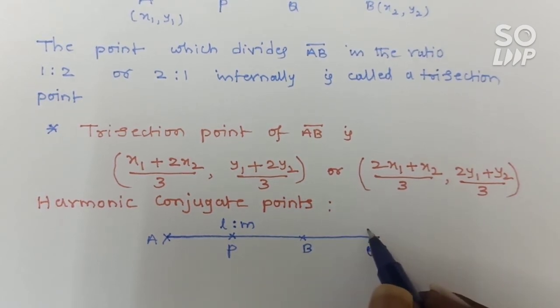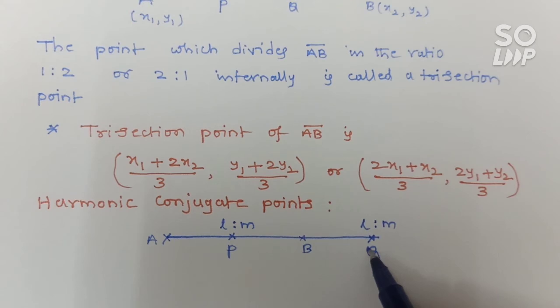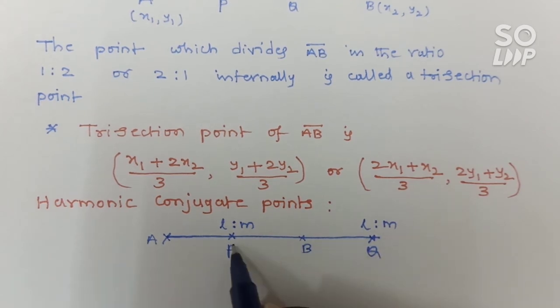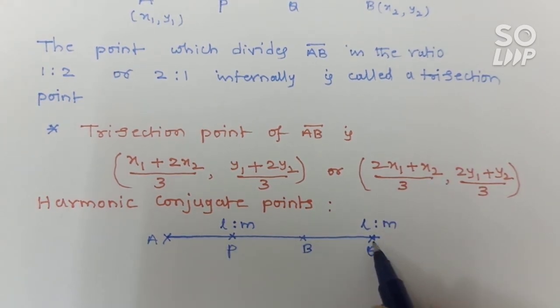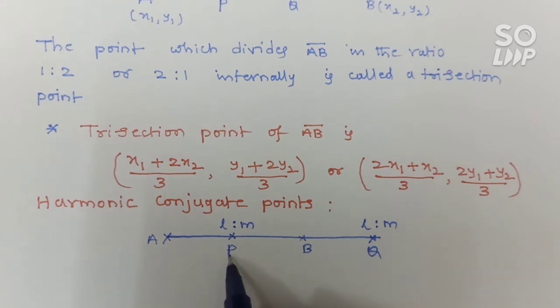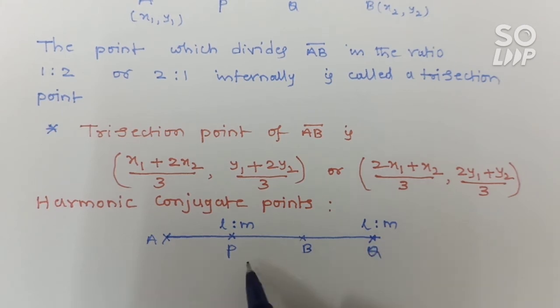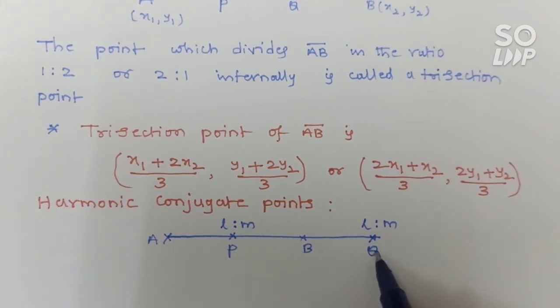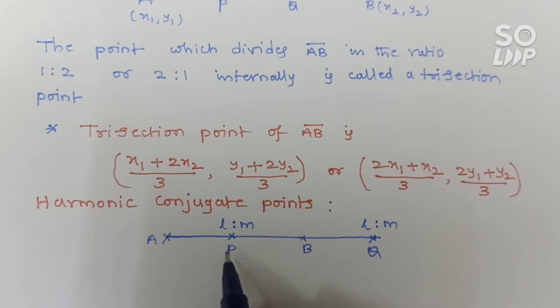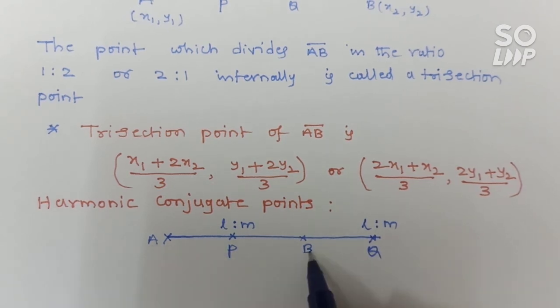So this one is internal, and this one is external. P point is internal to AB and Q point is external to AB. Then P comma Q are said to be harmonic conjugate points with respect to AB.